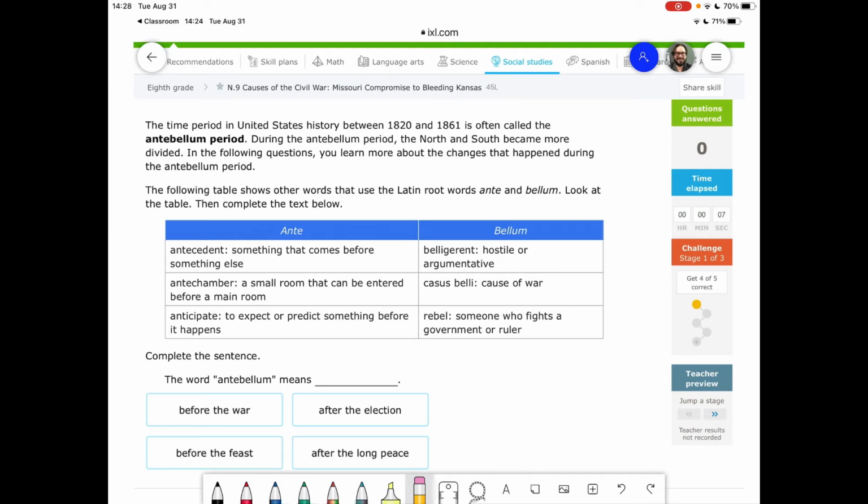For our purposes today, let's begin by focusing specifically on how do we locate details in historical texts. This particular example comes from one of the lessons on IXL that you have been assigned for this week.